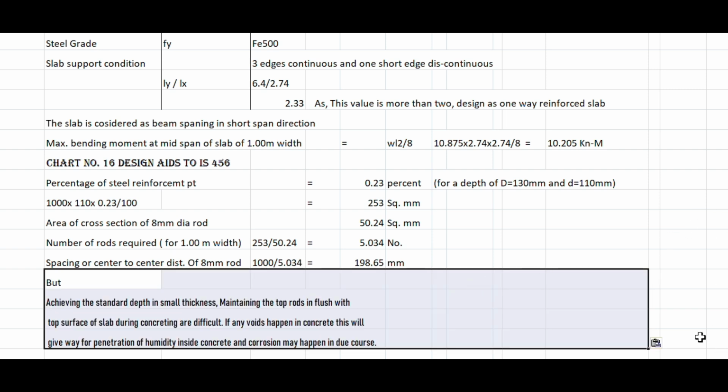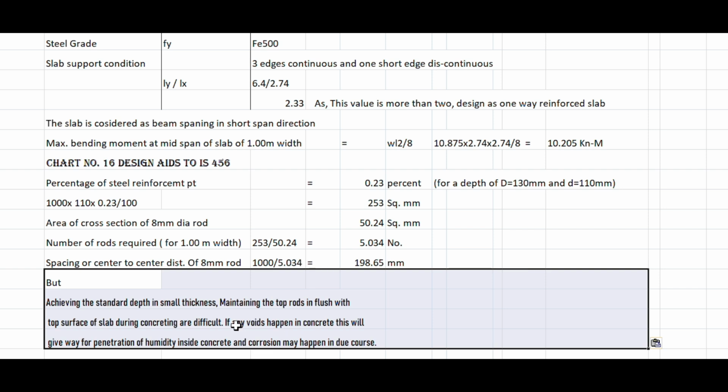But there are certain things required to be observed as per practical condition. In practice, maintaining the thickness is a little hard thing and the reinforcement position generally gets changed due to the working of the concrete laying persons and due to the impact of concrete laying machines.